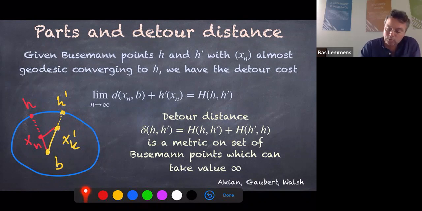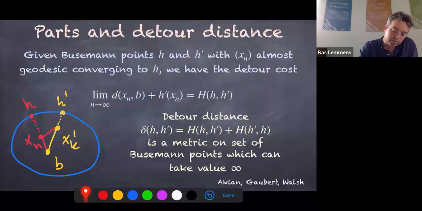It's like a double limit. H prime also comes from some almost geodesic sequence, say xk prime. We look at the difference of the sum of the two red lines and the yellow lines: we add up the distance on the red line and then subtract the distance on the yellow line.